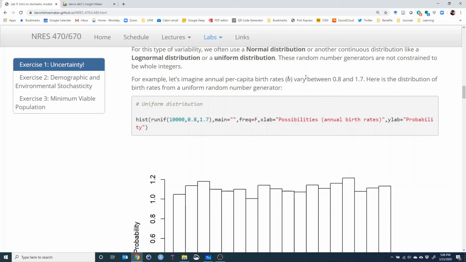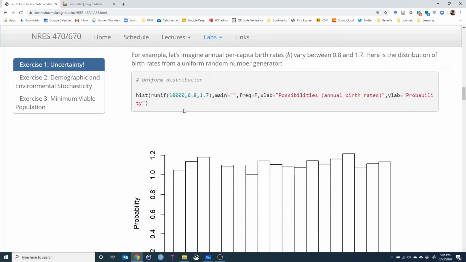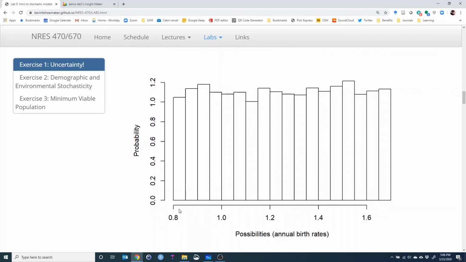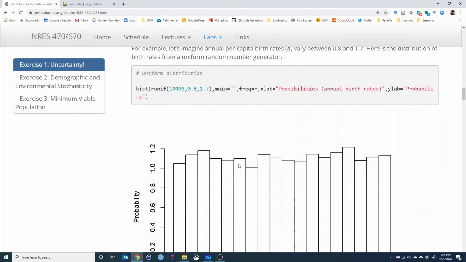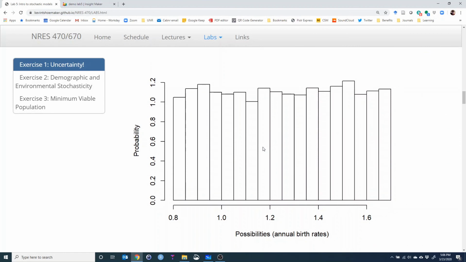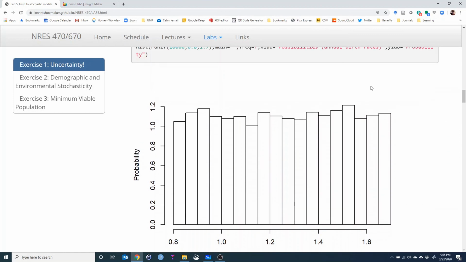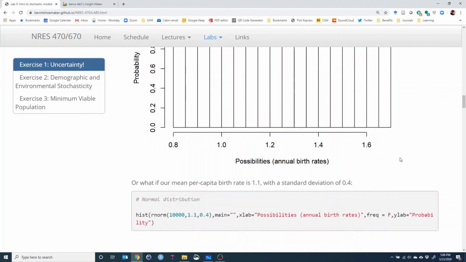And let's say that there's an equal chance that the value of the per capita birth rate could be anywhere between 0.8 and 1.7. We don't really know. We could use a uniform distribution potentially to model this. That's what it looks like. So every value between 0.8 and 1.7 in this case is equally probable. So of all these possibilities, they're all about equally probable. This is what the random number generator will produce.